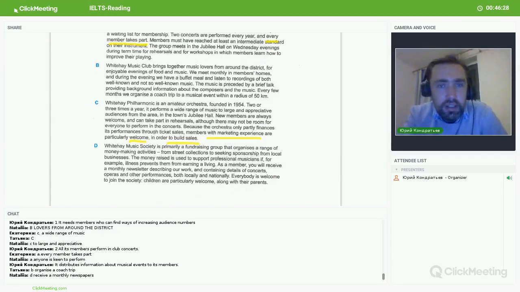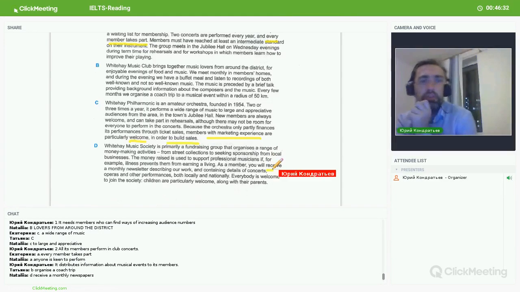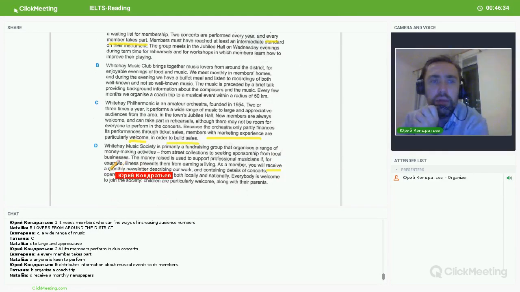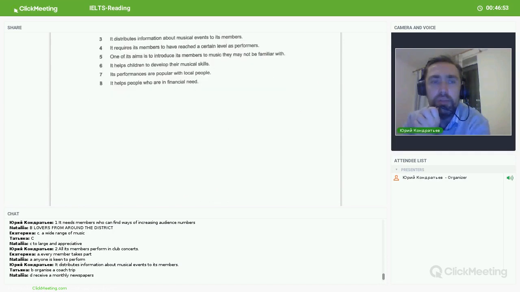Absolutely, Natalia, that's right. So distribute information. If you are a member of this club, you receive a monthly newsletter. And then musical events, you can see that they are concerts, yes, containing details of concerts. Okay. Right. Let's have a look at the next one.